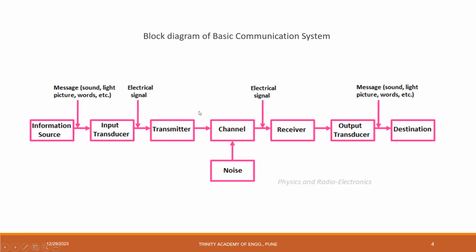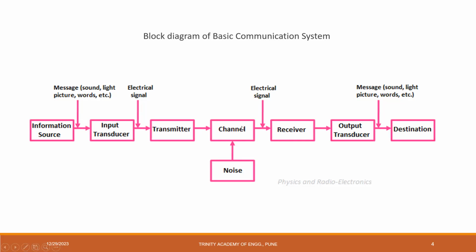This transmitter is shown as a single block, but inside it there are different types of operations, which we will see later. After receiving this electrical signal, the transmitter transmits it through the channel. There are different types of channel: one is wired and the second is wireless. For the wired channel, we can use coaxial cable or fiber optic cable, and the wireless channel is satellite communication.